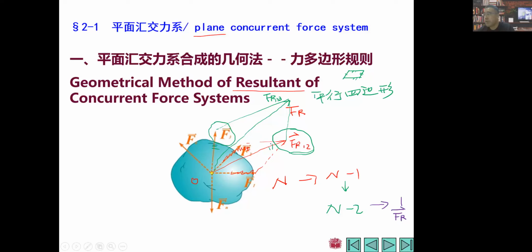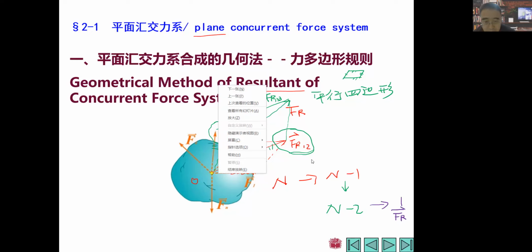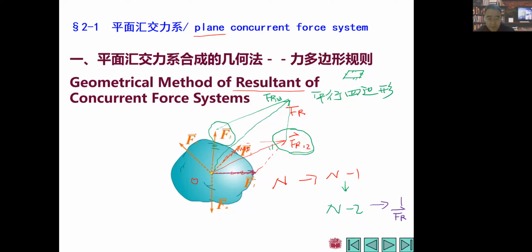But all you guys, please pay attention to here. We can reanalyze these 2 steps where I drew 2 parallelograms. You can find if we select this point to be a start point, we can draw a horizontal line which has the same direction as F1.